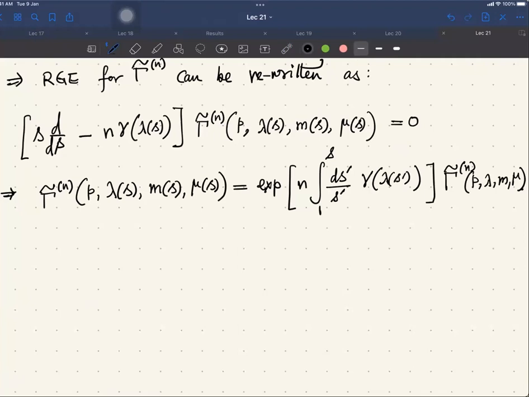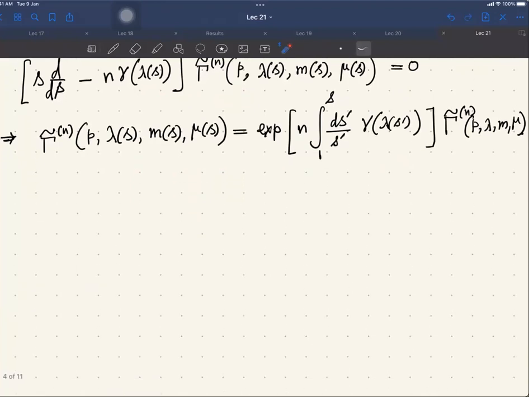Okay. So lambda, m, mu are the values of lambda s, ms, mu s at s equal to 1. So this equation will solve this differential equation for an arbitrary value of s. Now the trick is to invert it. Let me invert this equation.